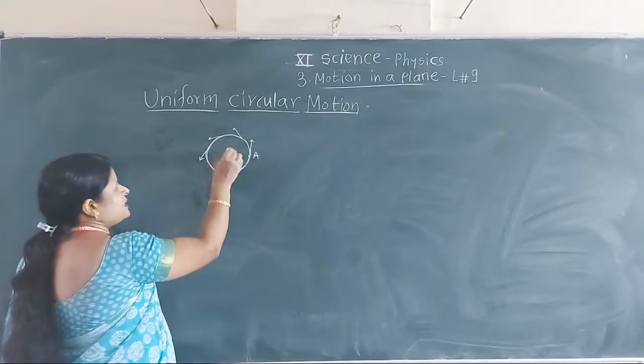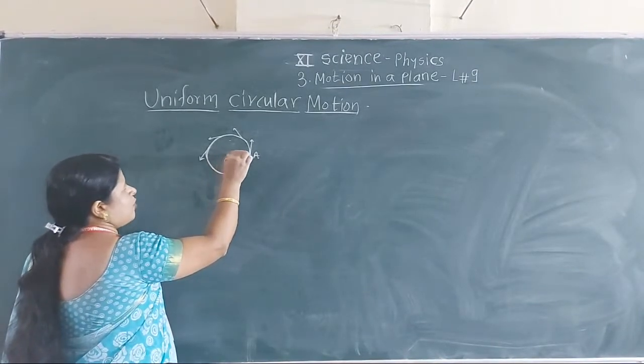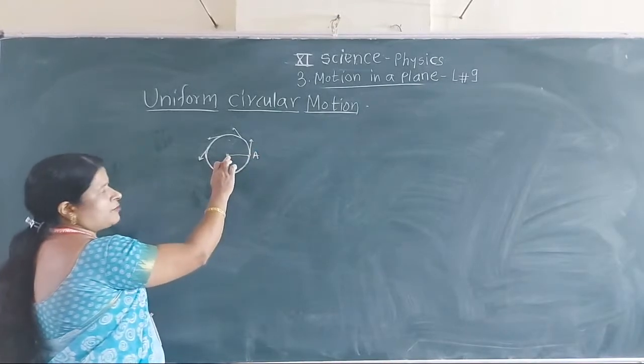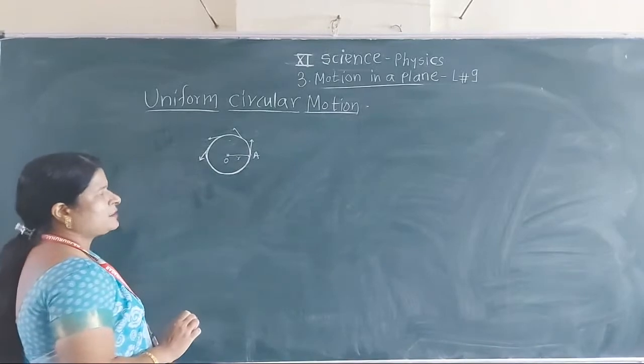For example, this is the center of a circle and from that center point the object is at a distance r, that is the radius of that circle.